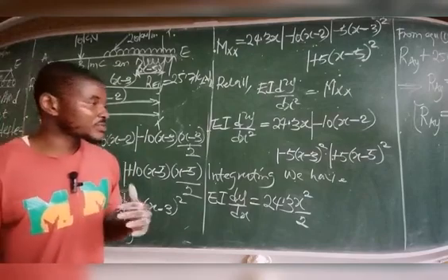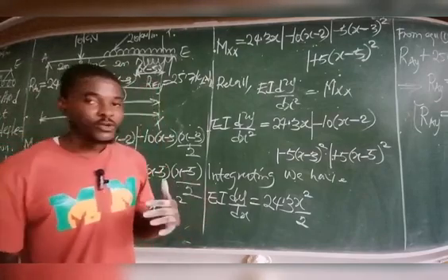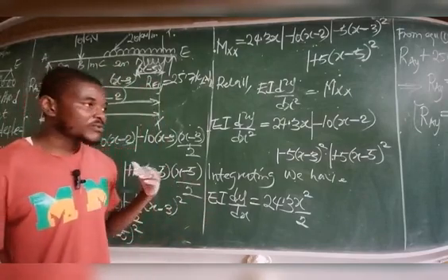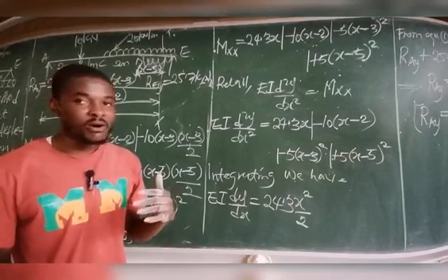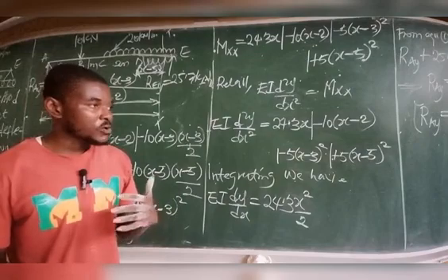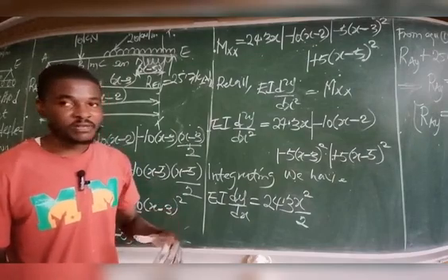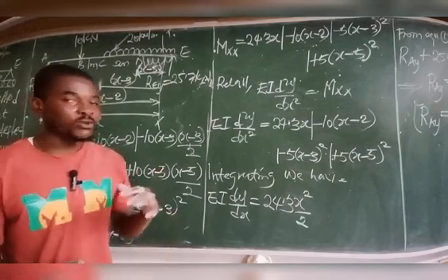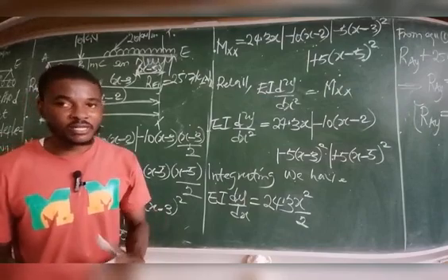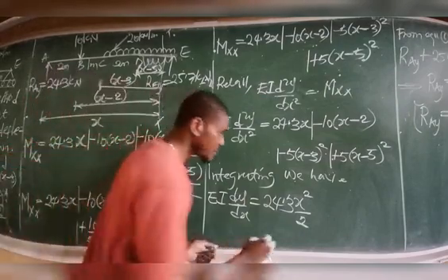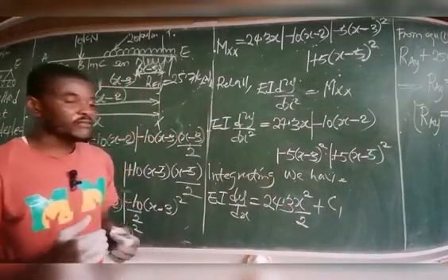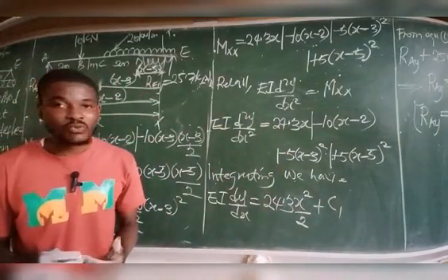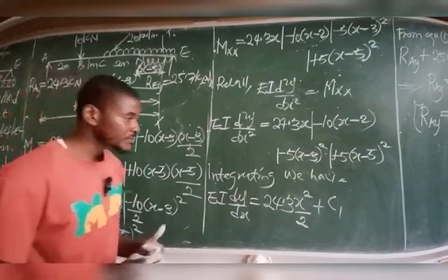But according to Macaulay's theorem, this constant of integration should not be taken after the Macaulay's bracket. The constant should be placed outside of the Macaulay bracket, so it has to be before the Macaulay's bracket. So we simply say plus C1. C1 means the first constant of integration.